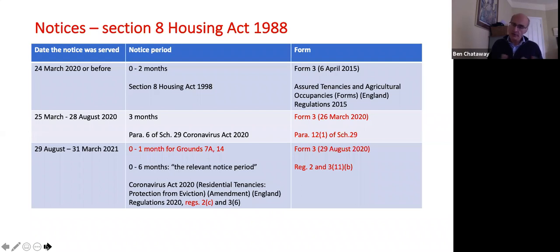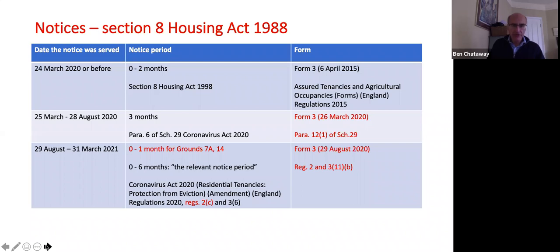Of course, there are all sorts of other tenancies. You've got secure tenancies, introductory, demoted, etc. And there are different rules that apply. And if in doubt, you're going to need to look carefully at the rules for those as well. But just to illustrate the points that arise, we're going to focus on Section 8.